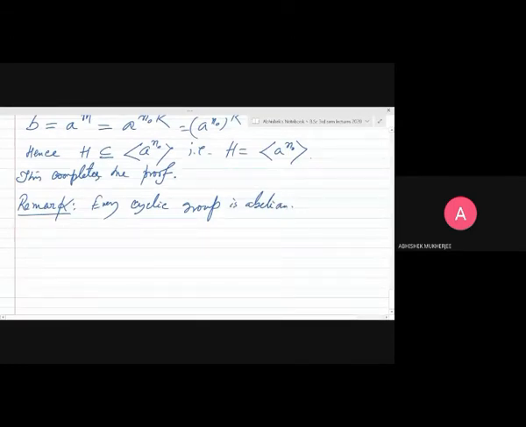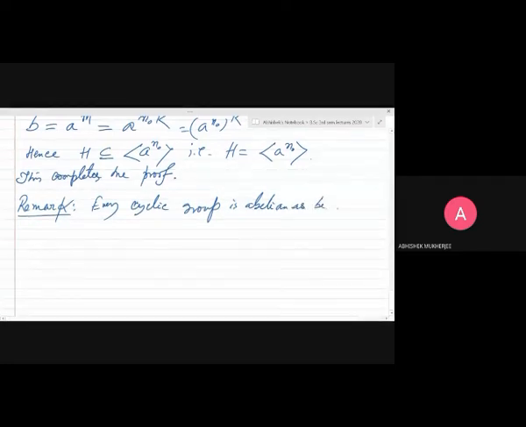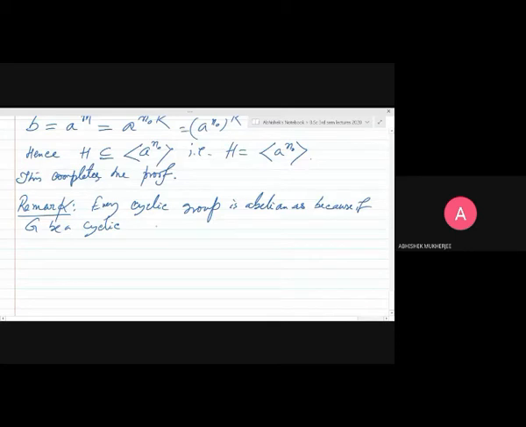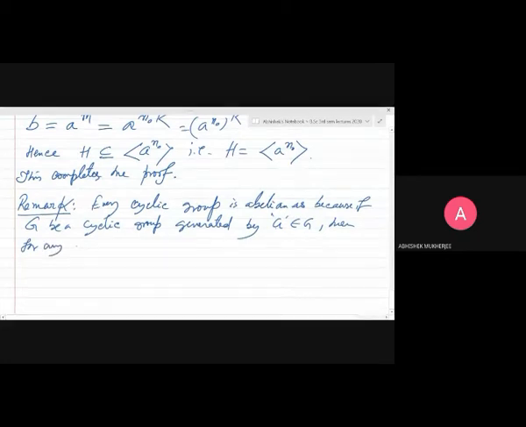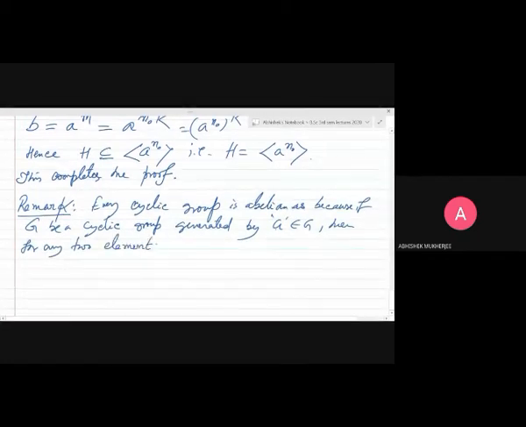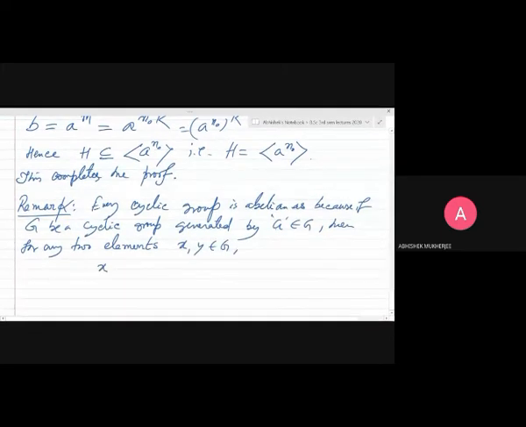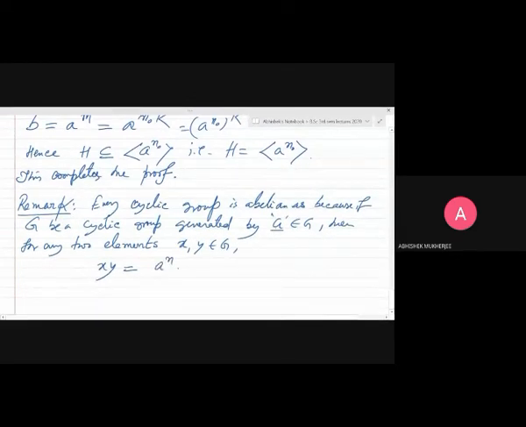because if G is a cyclic group generated by a belonging to G, then for any two elements x, y belonging to G, x can be generated by a to the power n, and y by a to the power m. Taking the composition and using the law of indices, it is a to the power n plus m.